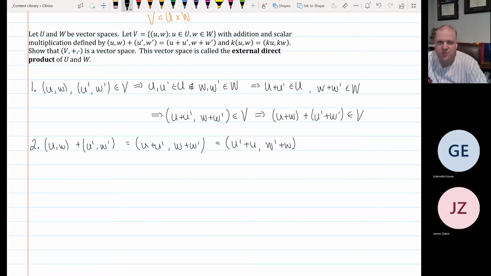And no, u prime is not the derivative. I'm just using u prime as a different variable, right? To show that it's different from the original u, but I still kind of want it to look like u, so I can say it's in the vector space U. Right?